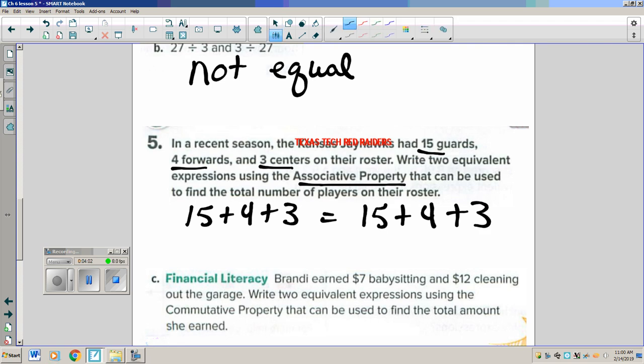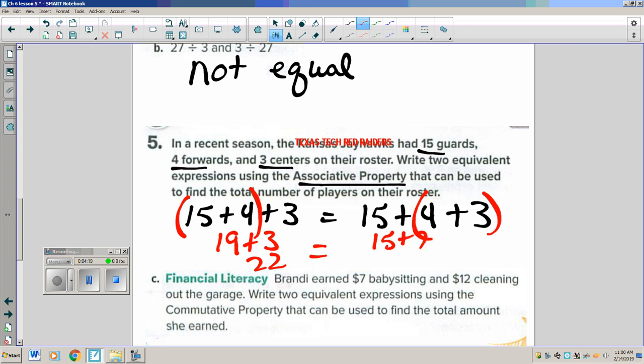For associative, parentheses move. So instead of putting them around 15 plus 4, put them around the 4 plus 3. This side would be 19 plus 3 is 22. This would be 15 plus 7. That equals 22. That's the associative property.